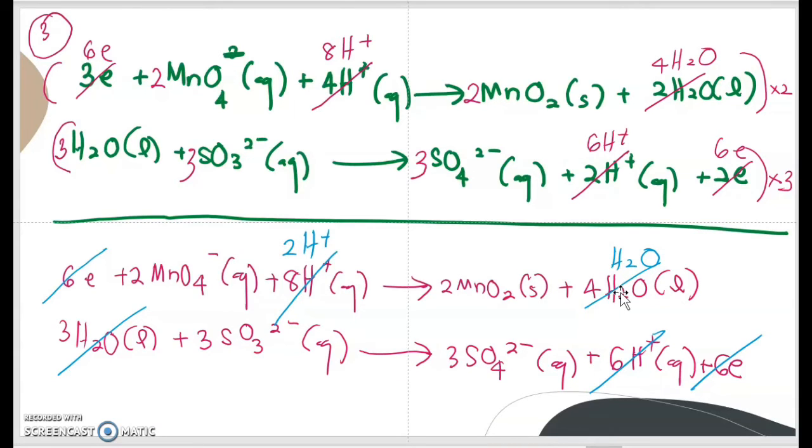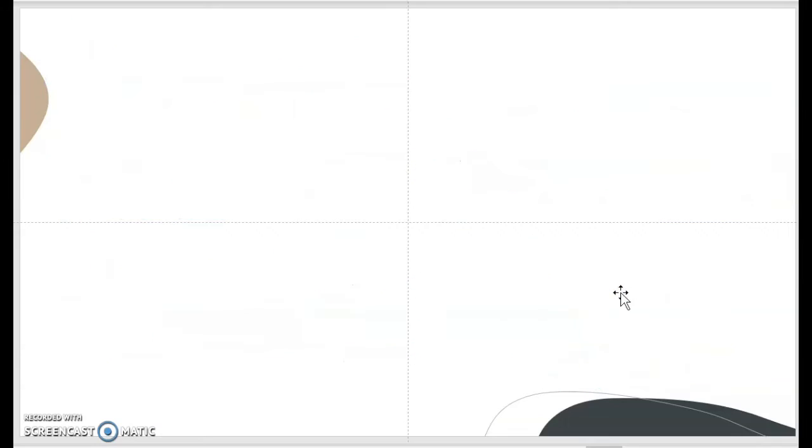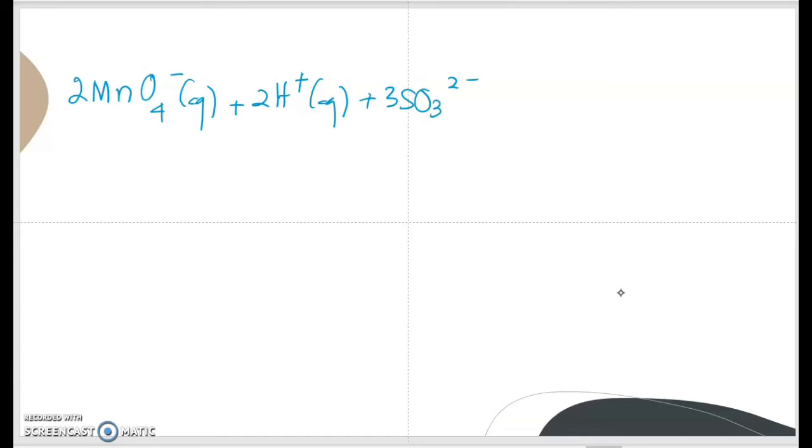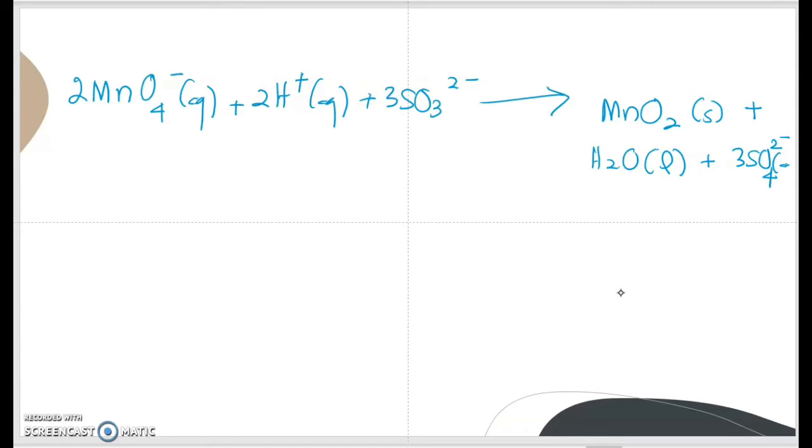Okay. And now when we combine it all together, you will have 2MnO4 negative plus 2H plus plus 3SO3 2 negative produce MnO2 solid plus H2O plus 3SO4 2 negative.